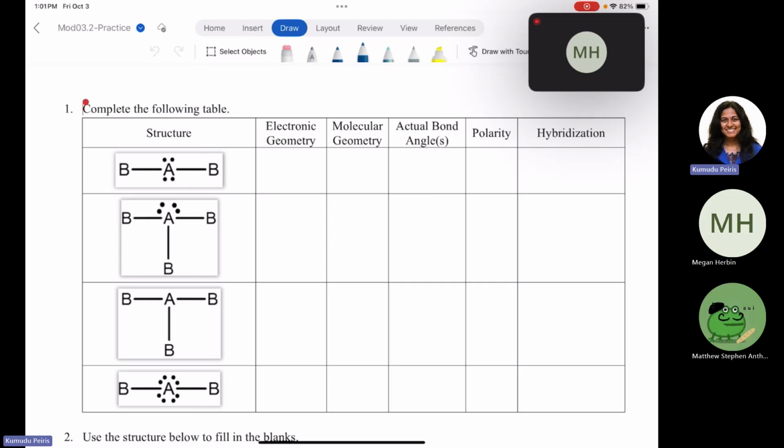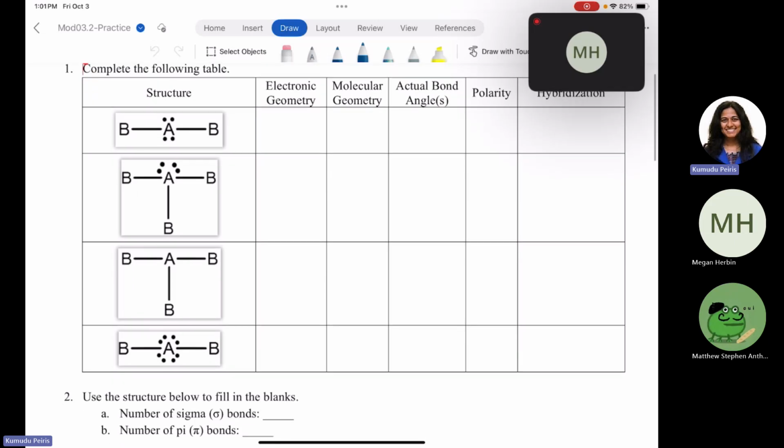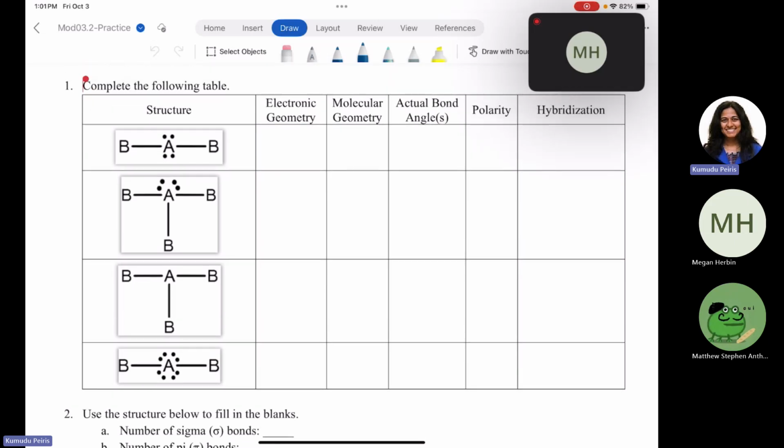Right. Okay, let's move to these questions. In this table, the molecular structures, the Lewis structures, are given, and we are asked to fill the table with the electronic geometry, molecular geometry, actual bond angle, polarity, and hybridization.